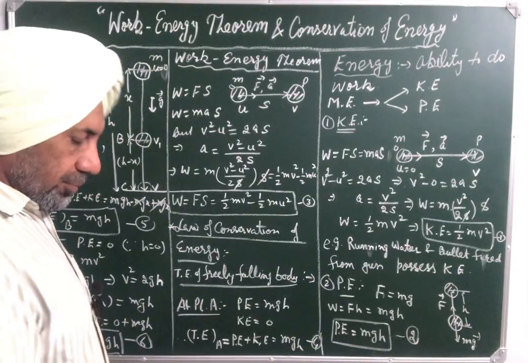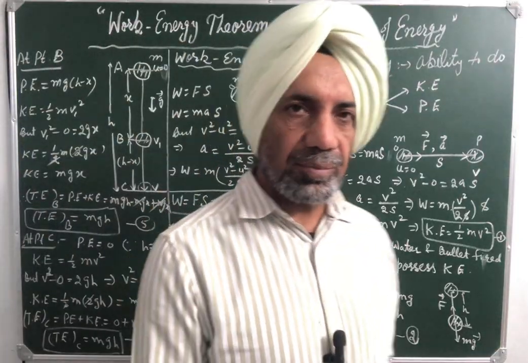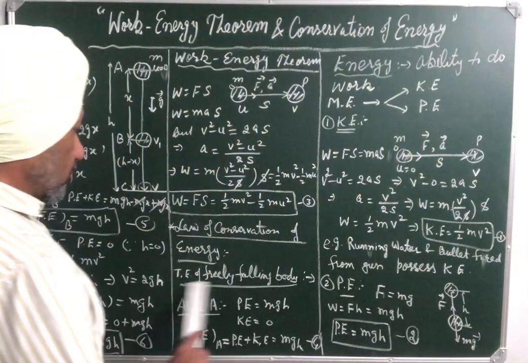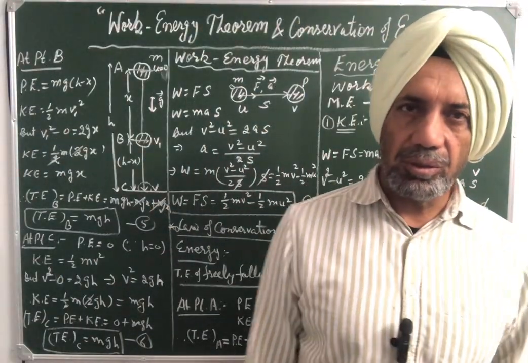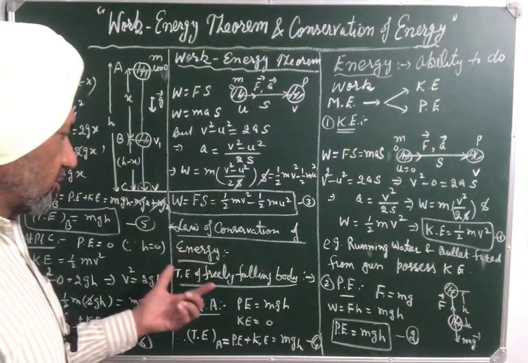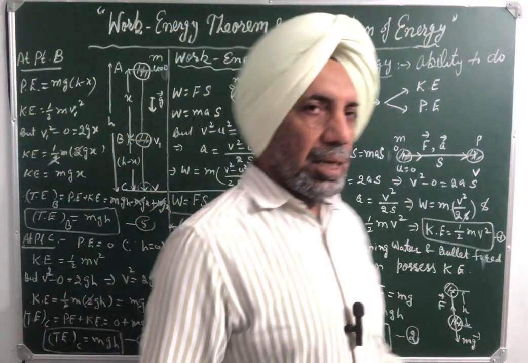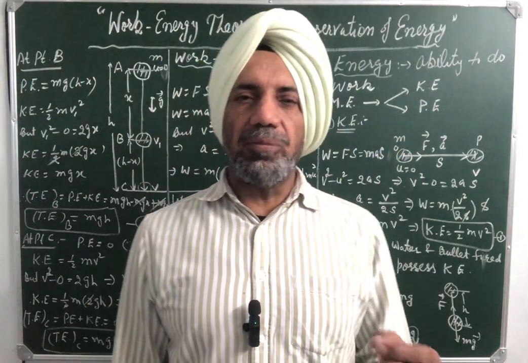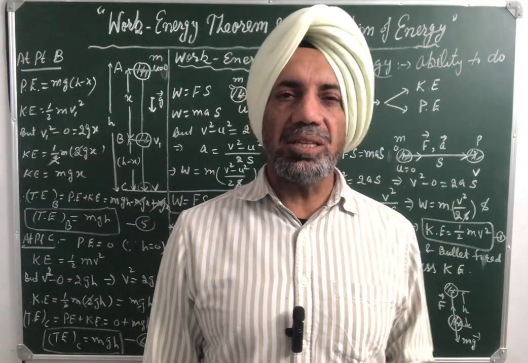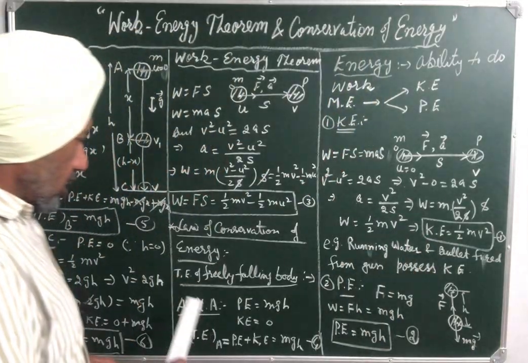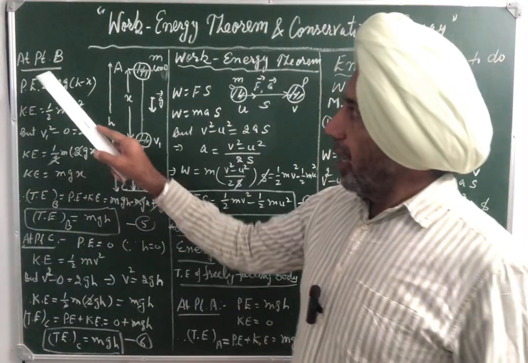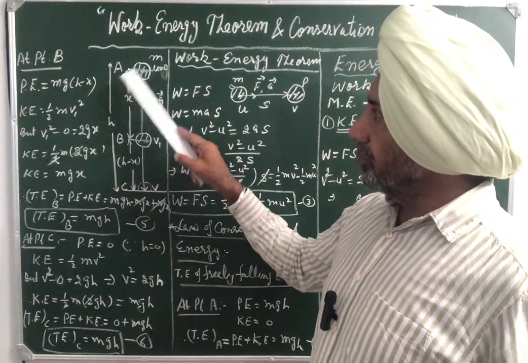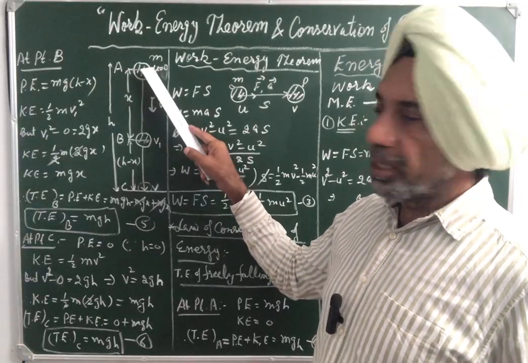So, to prove it, there are so many examples. First of all, we will prove the total energy of a freely falling body. To explain this law of conservation of energy, the total energy of a freely falling body is always conserved. Now, suppose we have a body of mass m at height h.